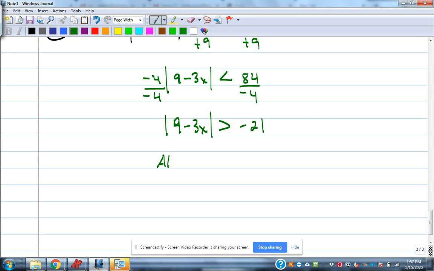This one would be all real numbers, because no matter what x is, the absolute value is always positive, right? We know that about absolute value. And if it's a positive absolute value on the left side and it's greater than a negative, then we know for sure every number is going to work. So this is an all real numbers situation. The interval notation for that is negative infinity to positive infinity.